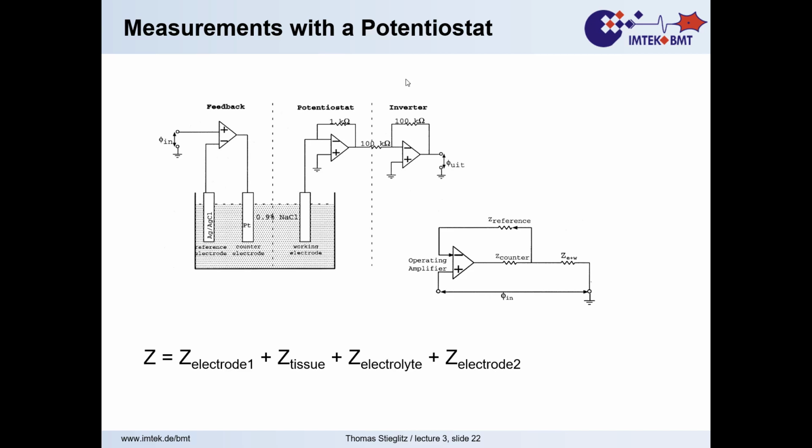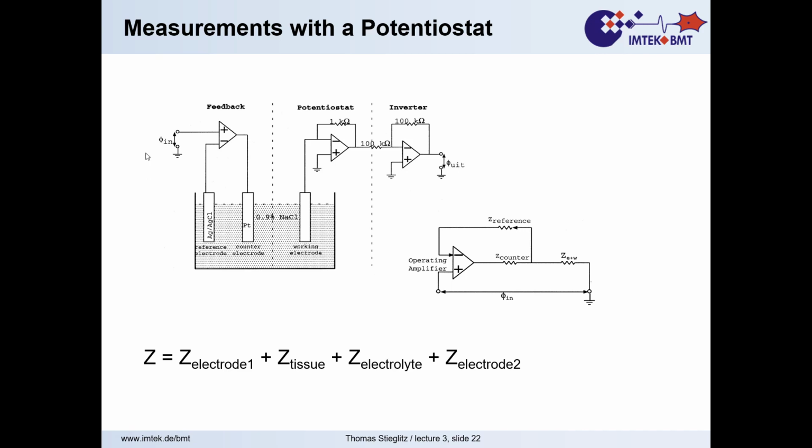Given that you keep that potential constant, then you change slowly a so-called small signal around that potential. And these tasks are performed with something that is called a potentiostat.